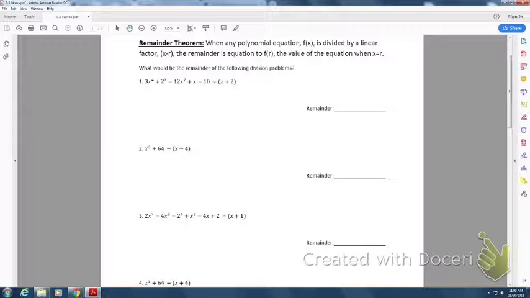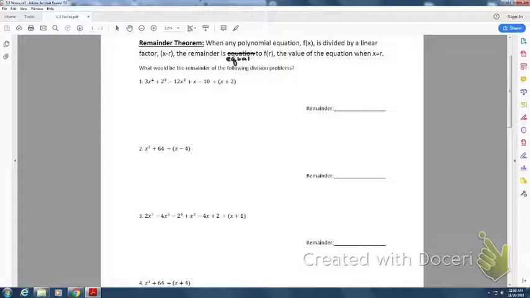When any polynomial equation f of x is divided by a linear factor x minus r, the remainder is equal to f of r, the value of the equation when x equals r.